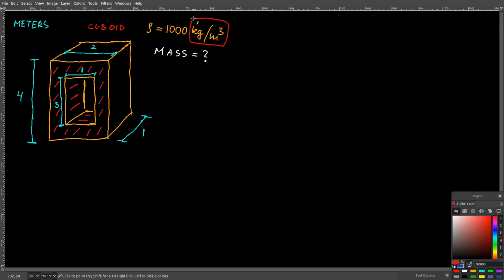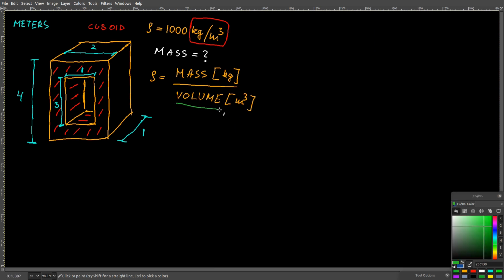From the units of density, you can see that density is the object's mass, which is in kilograms, divided by the object's volume, which is in cubic meters. It means that if you know the volume and the density of that object, then by multiplying them together, you will get the mass of that object.